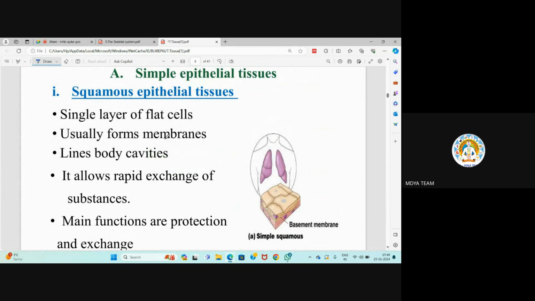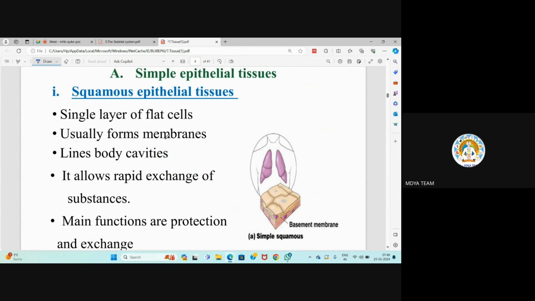Now come to squamous epithelial tissue. Details of squamous epithelial tissue: single layer of flat cells. Obviously, it is part of simple epithelium, so it is single layered. And squamous means flat cells. So single layer, flat cells usually form the membranes of the body.